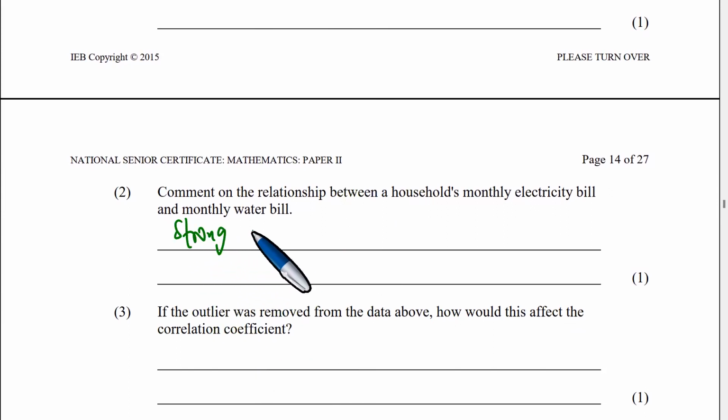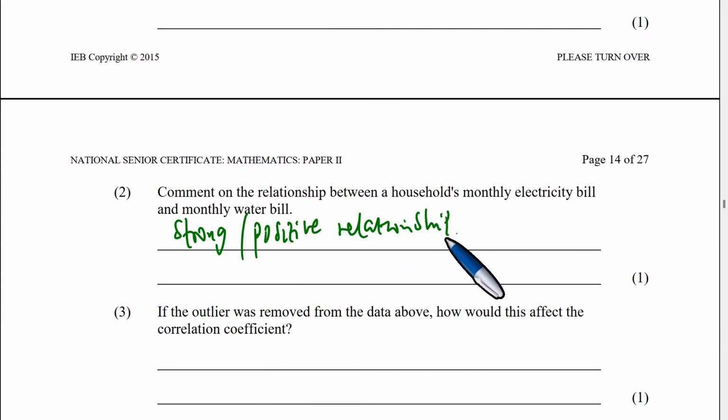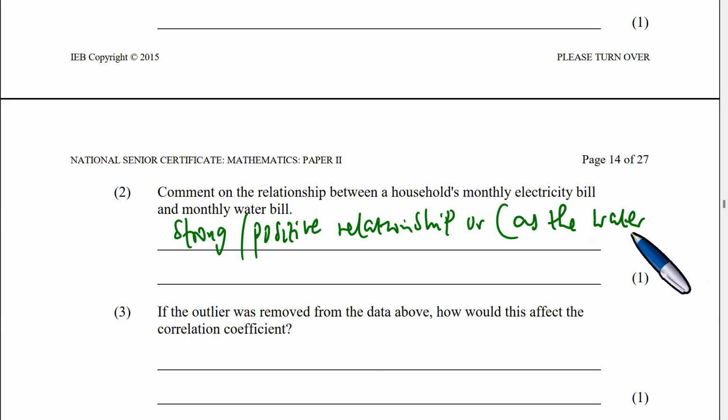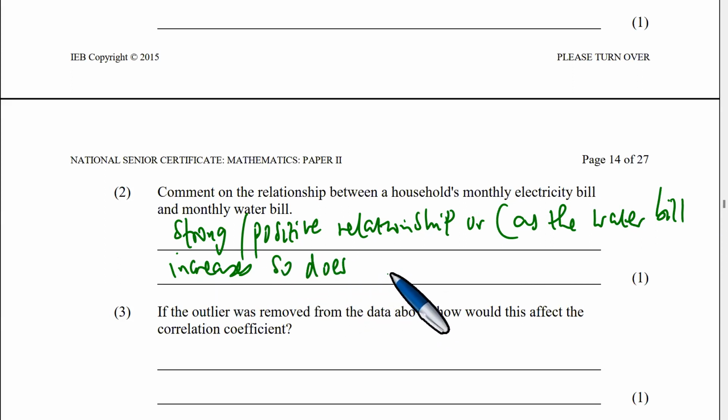So you have a strong positive relationship, or if you don't want to say that, you can say as the water bill increases, so does the electricity bill.